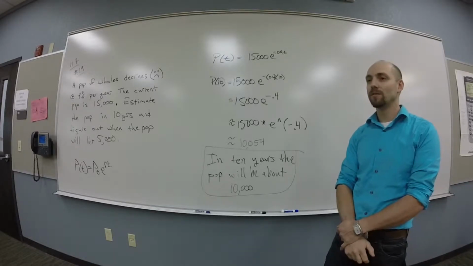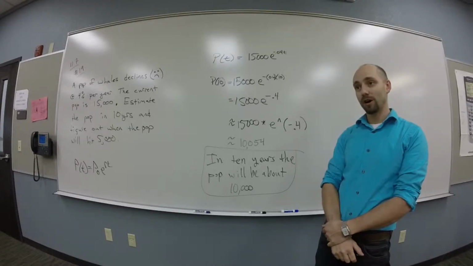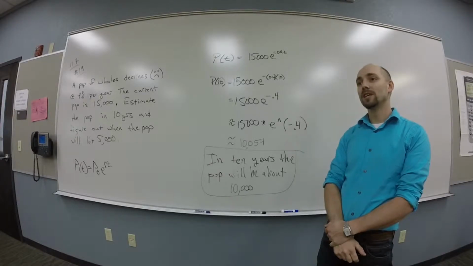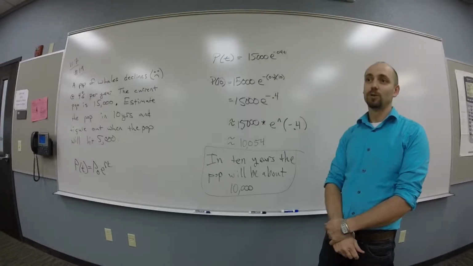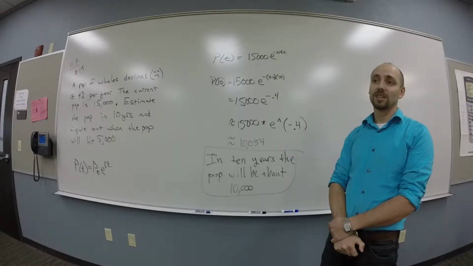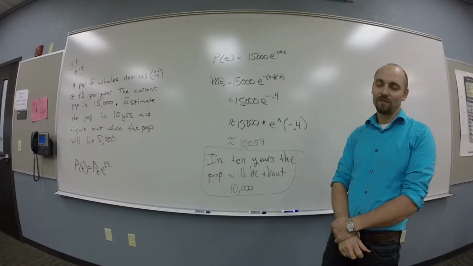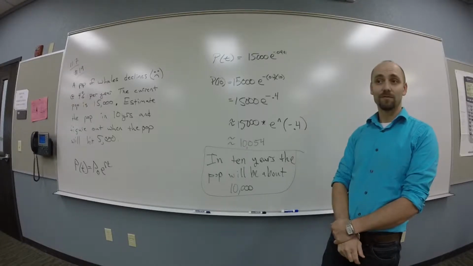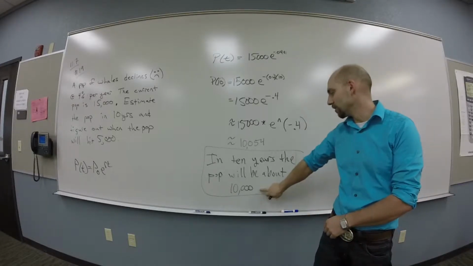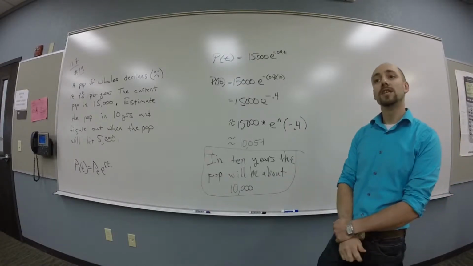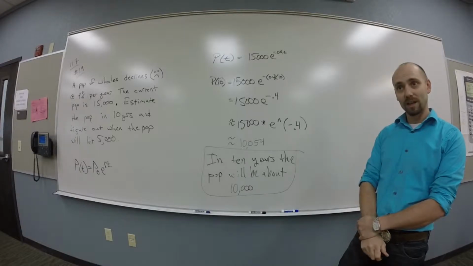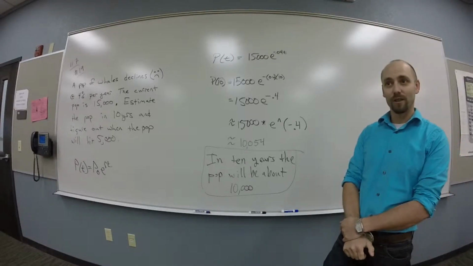In 10 years we found it went down by 1/3, so in another 10 years we expect it to go down by 1/3 again, which means I'll get to 6,660, whatever. I won't get to 5,000, I'll get to 2/3 of 10,000. So it's going to take a little longer than 20 years and a little shorter than 30.